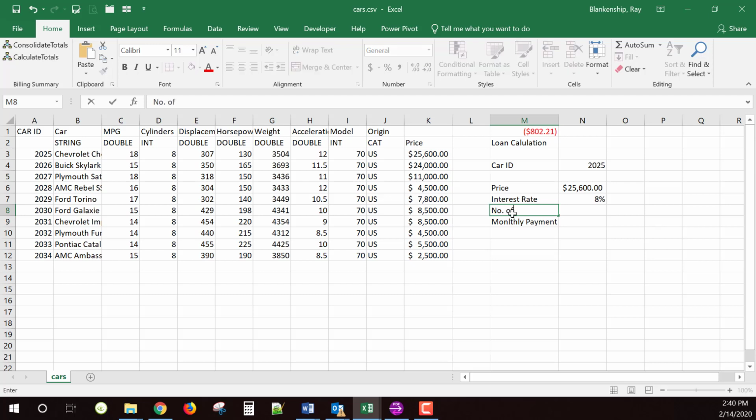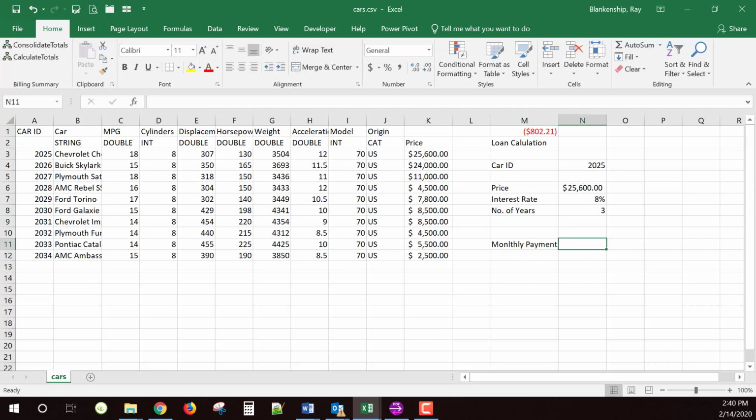Let's say number of years. And we could say we want to do that for 3 years. Okay. So then let's just move this down because it looks a little squinched up there. So I'm going to just move it here.